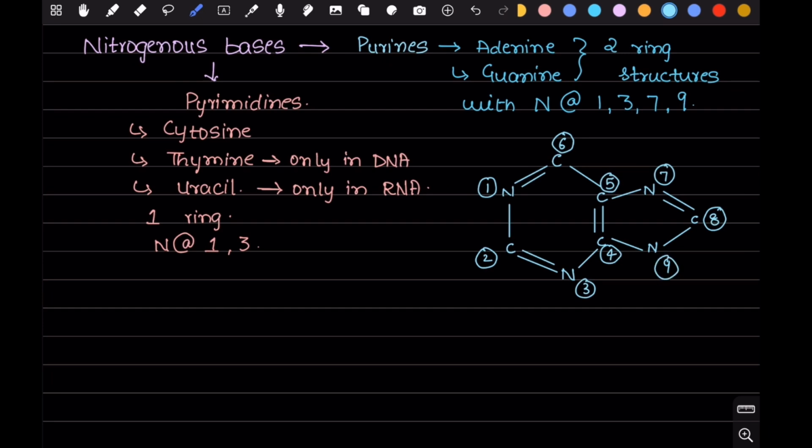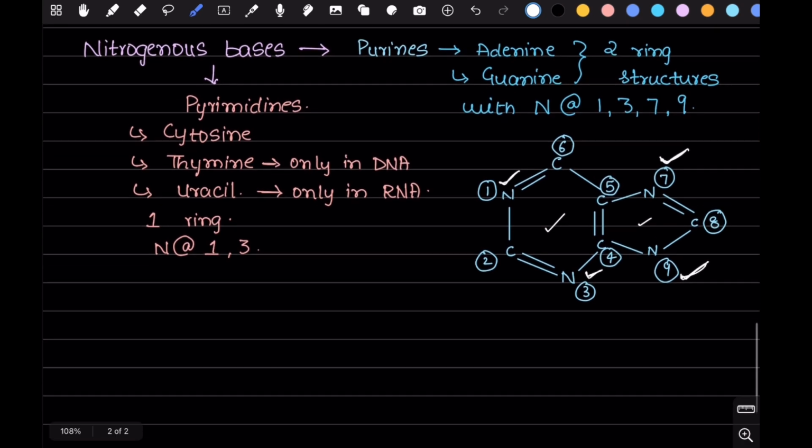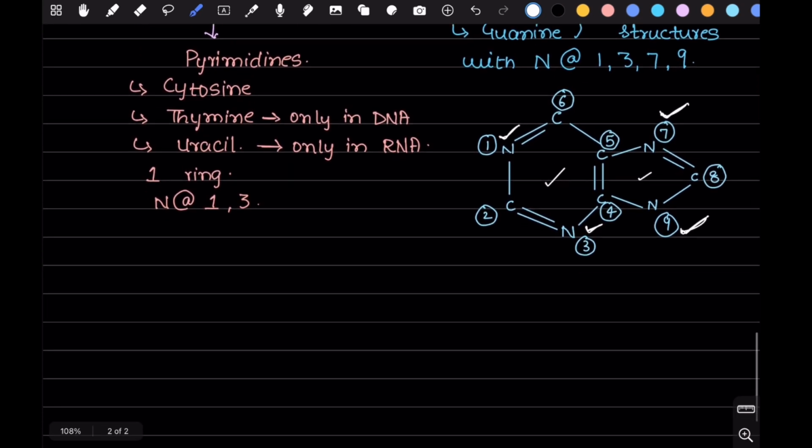As I explained you in the structure of purines, there are two ring structures. We have two rings, ring number 1, ring number 2, and nitrogen is present at first place, third place, then seventh place, and ninth place. This is an important question. Where nitrogen is present in a purine might be a question, so you should be able to explain where the nitrogens are present in a purine.